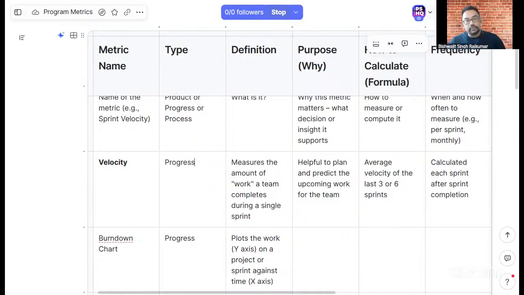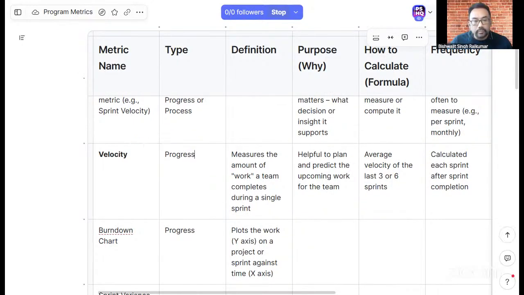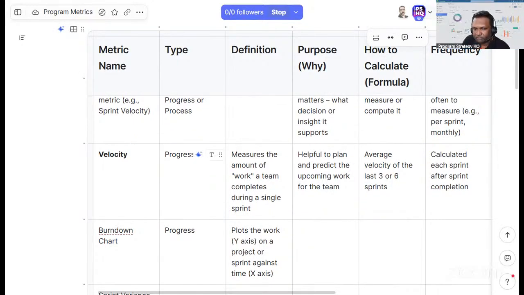It's a measure of progress, measures the amount of work a team completes during a single sprint. Helpful to plan and predict the upcoming work for the team. Average velocity of the last three or six sprints or any duration. It depends on the organization. Sometimes it may be a week or a month also. An average of that. And then it's calculated after each sprint, after the sprint completion.